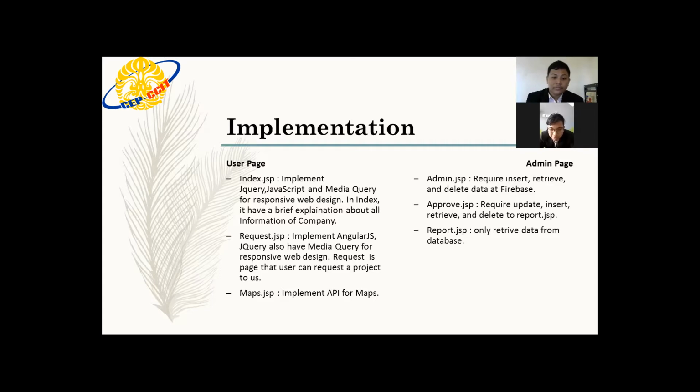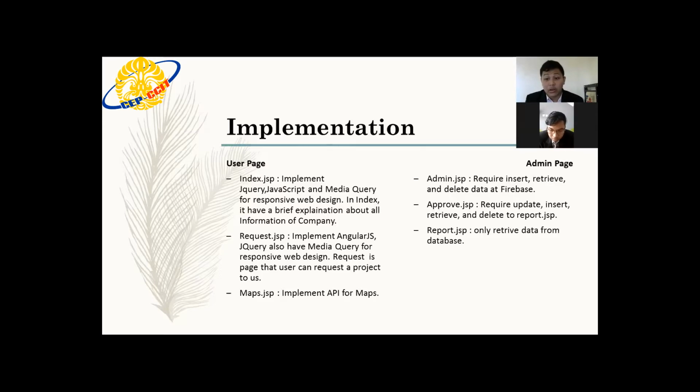Request.jsp implements Angular.js and jQuery, and also has media query for responsive web design. Request is the page where users can request a project from us. And next is maps.jsp. In maps.jsp, we implement the Maps API to show our office location.